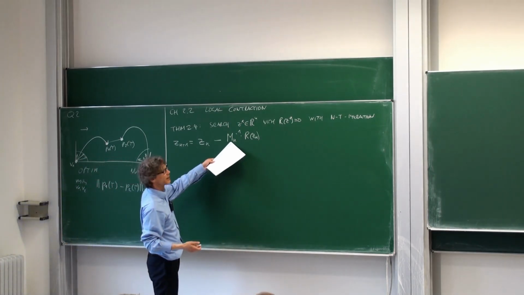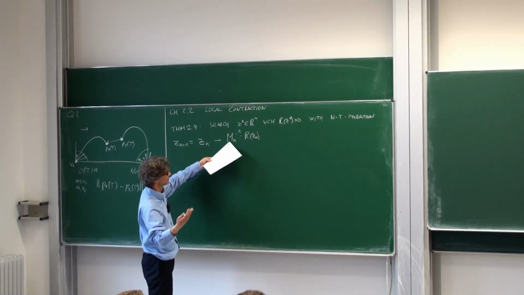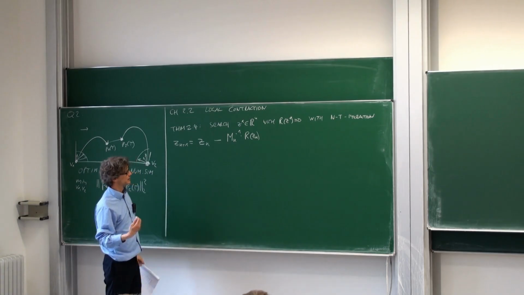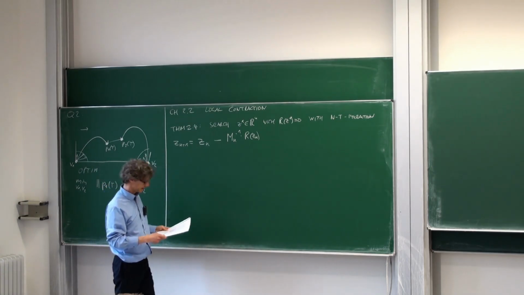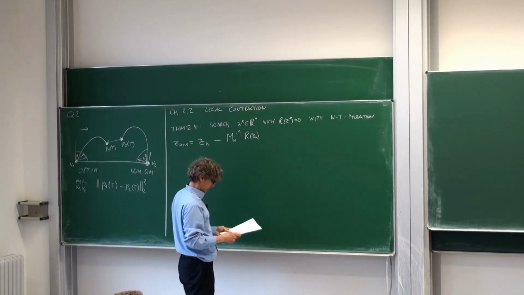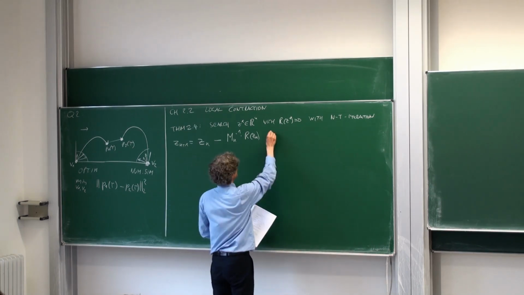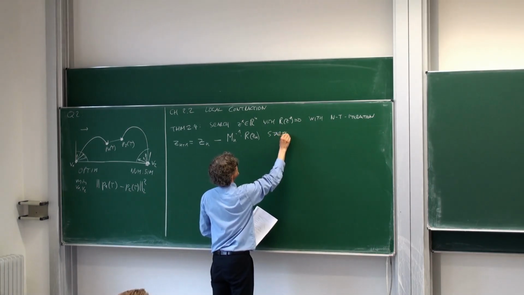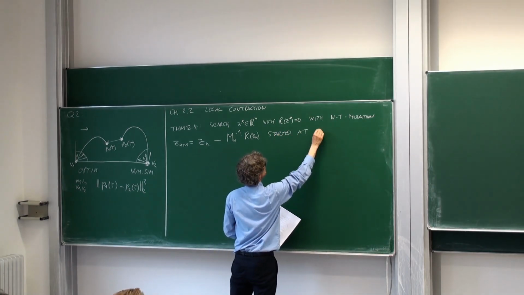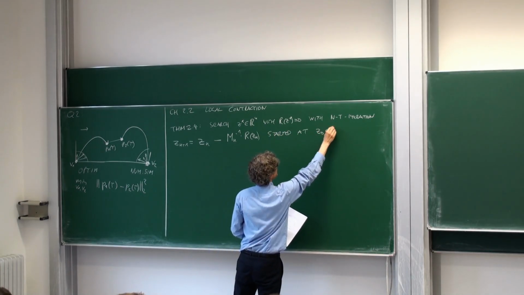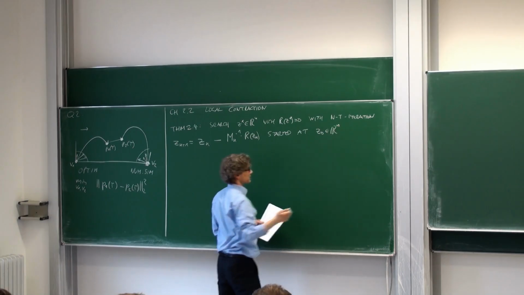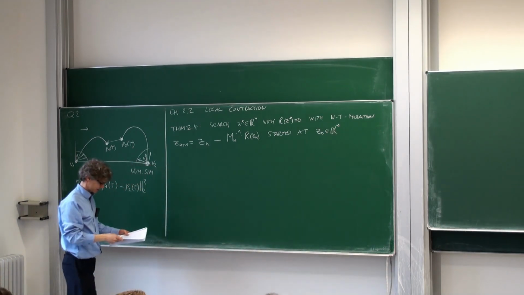Very often this M_k could actually be the exact Jacobian of R, but usually it's not necessarily exactly the same. That makes it a Newton type method. And we start this at z_0, an element in R^n. So that's what we have as a general assumption.